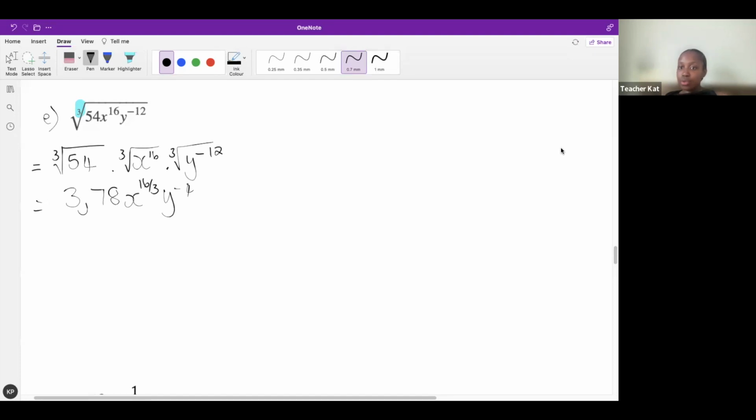We can move the y. Can you see the y has a negative exponent? So we can move the y to the denominator so that it ends up with a positive exponent. Okay, so this will then be 3,78. You can still leave it as the cube root of x to the power of 16 if you want, divided by y to the power of 4.